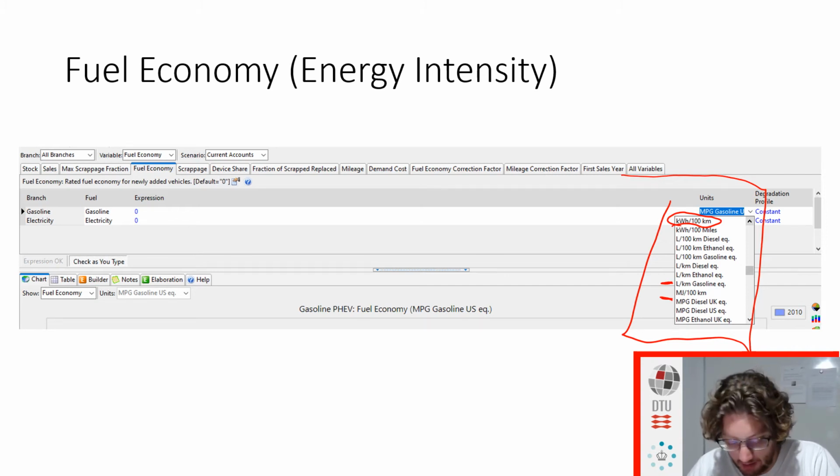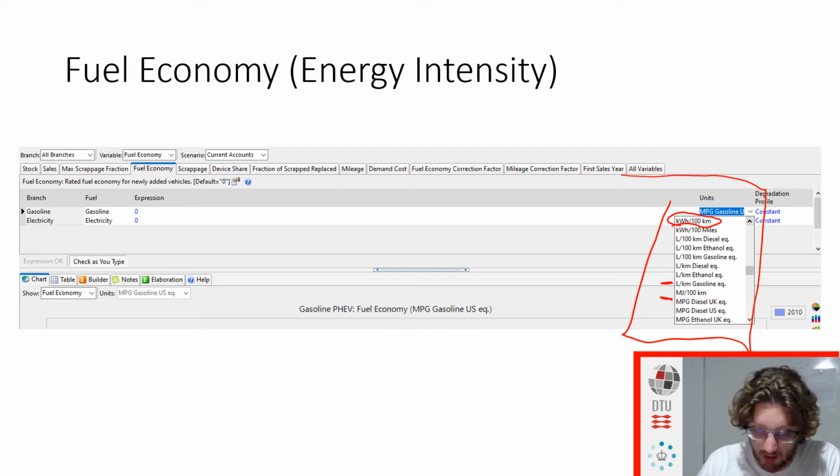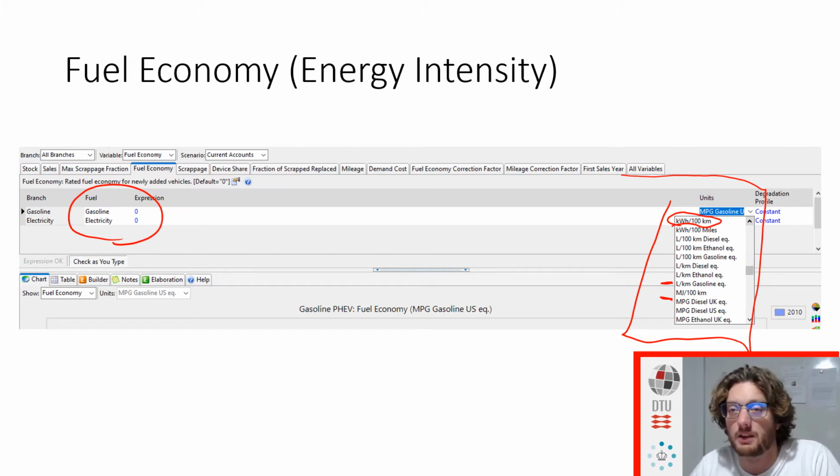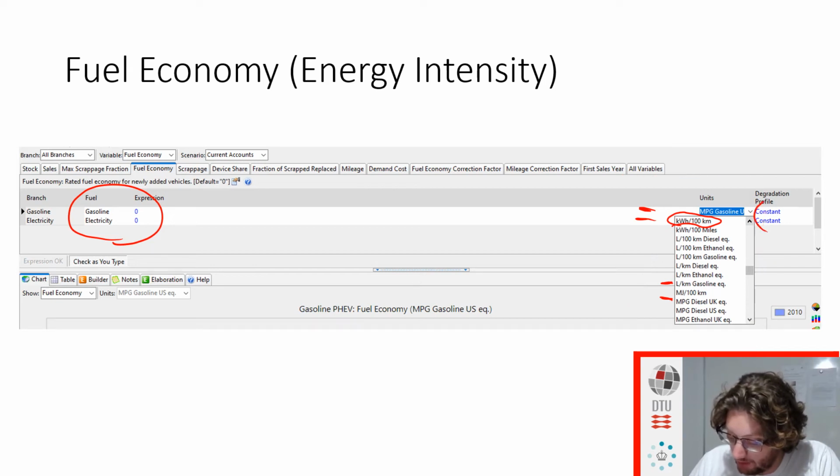And here I actually took the plug-in hybrid, which, as you can see here, in this case has 2 different fuel economies that can be represented. It's not as obvious, but it can be represented with 2 different units in our vehicle, which means we can actually have 2 vehicles in one, so to speak. That also means we can have 2 different degradation profiles.